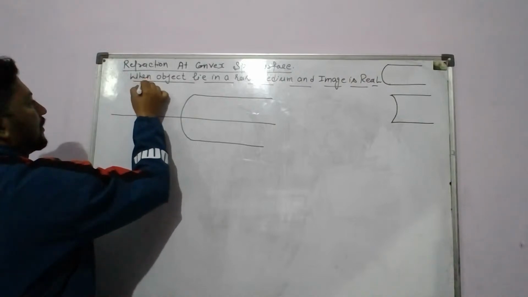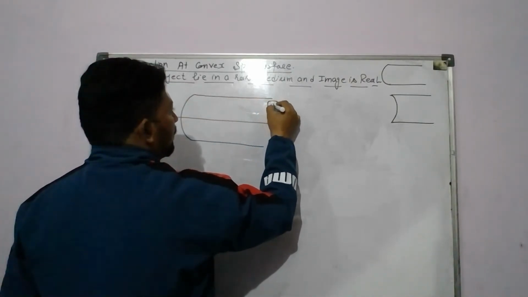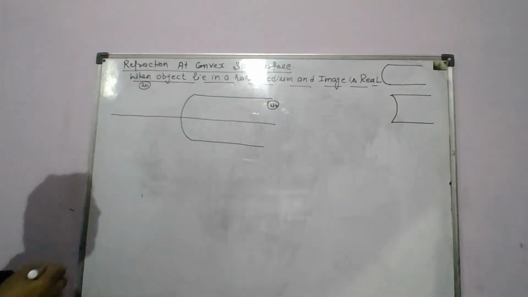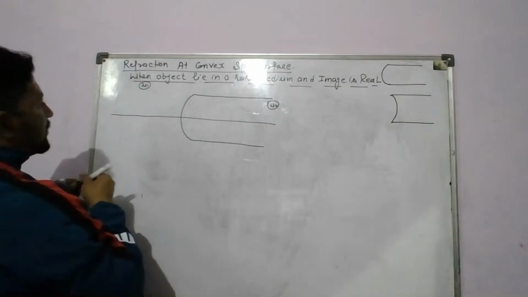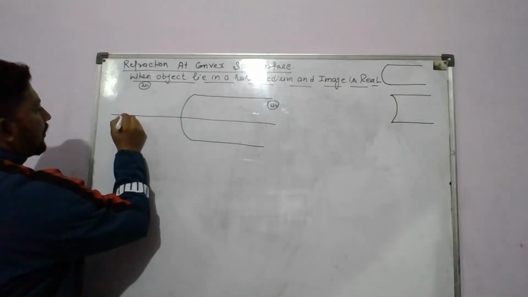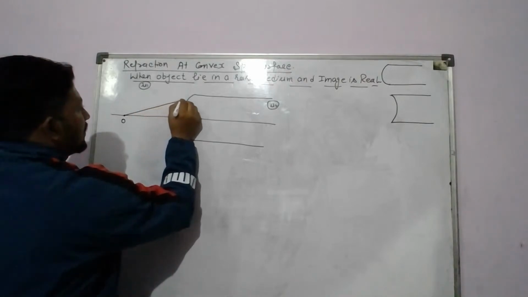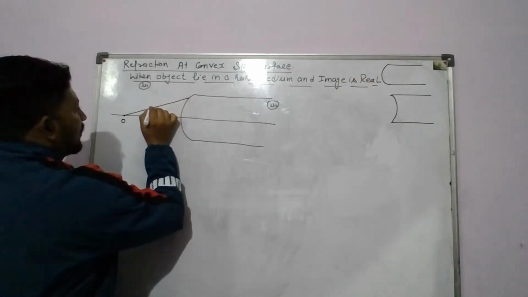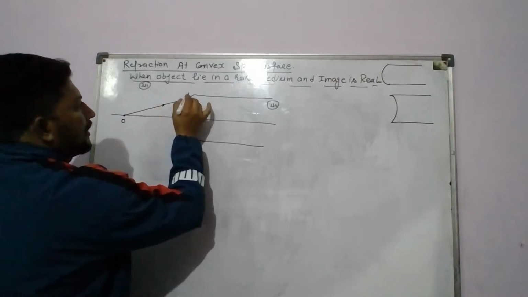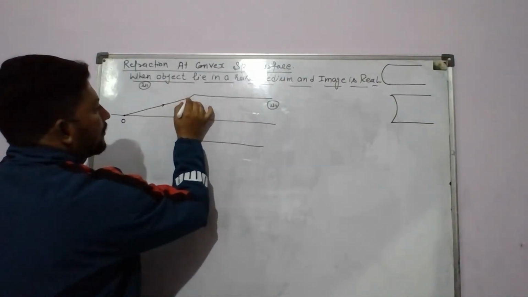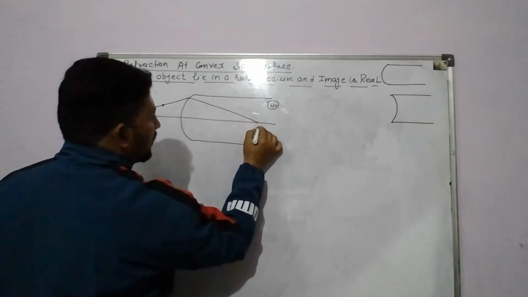Here mu1 is the refractive index, mu2 the second refractive index, and the object is placed on the principal axis at O. The incident ray strikes the convex spherical surface and the image is real. It means the image is formed here, I.